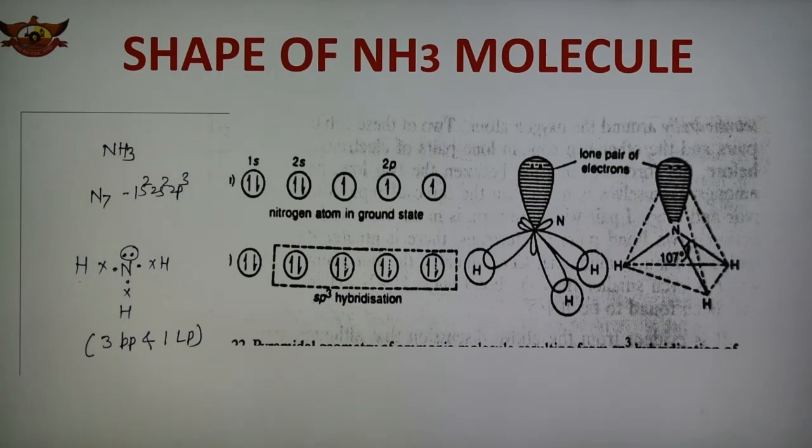So the angle in case of ammonia decreases. Why? Because of the presence of 1 lone pair. As per rule number 2, lone pair-bond pair repulsion is more as compared to bond pair-bond pair repulsion. Therefore the bond angle decreases. So this is another example, ammonia.